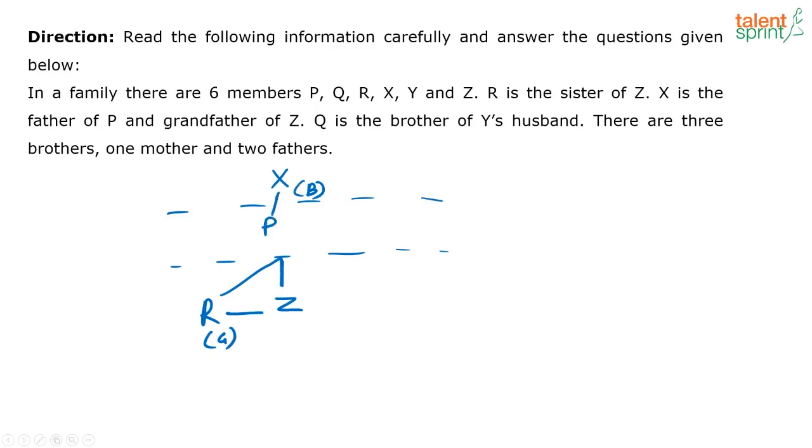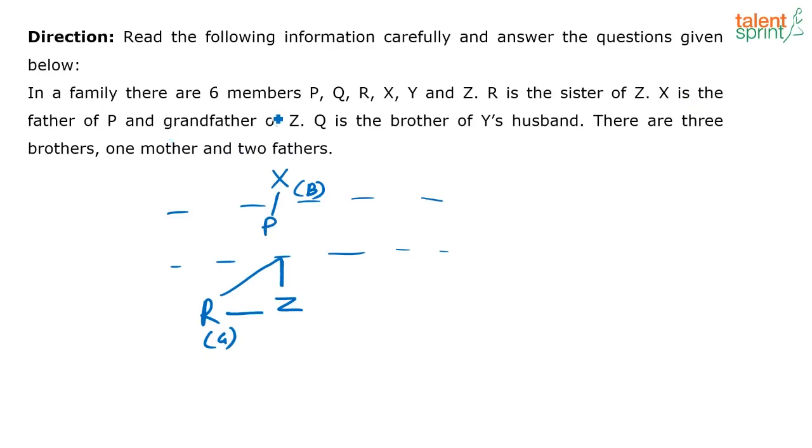Then Q is the brother of Y's husband. So how will that be? See, Q is the brother of Y's husband. So there are 3 and then next statement they have given us there are 3 brothers, 1 mother and 2 fathers. So how can we place them?